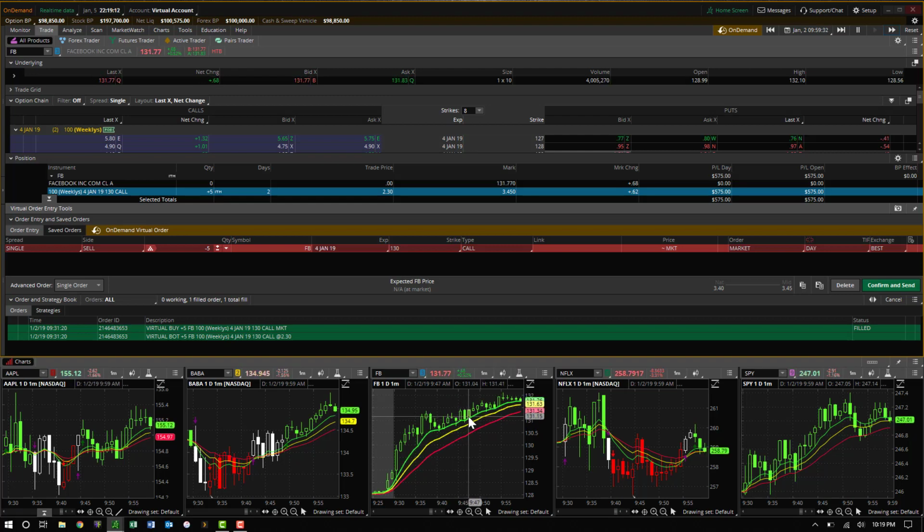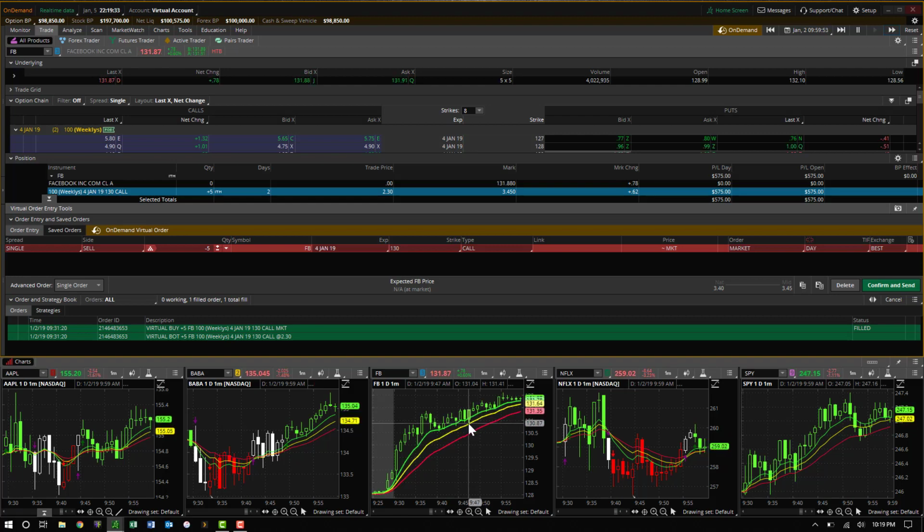You can see at 9:47 it actually touched the 13, but it bounced right off, and then it just kept with the trend. So because of that, there's really no reason to have gotten out of this trade.